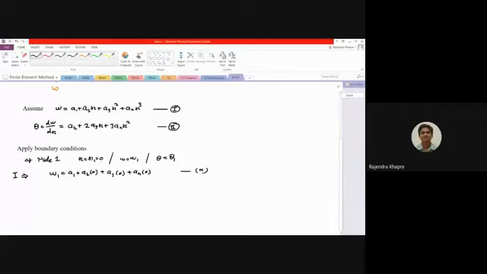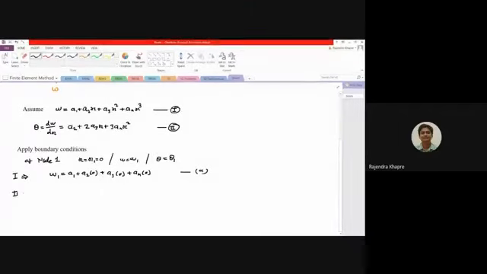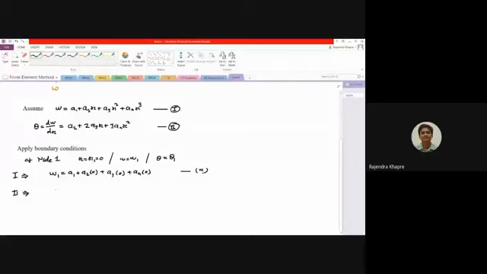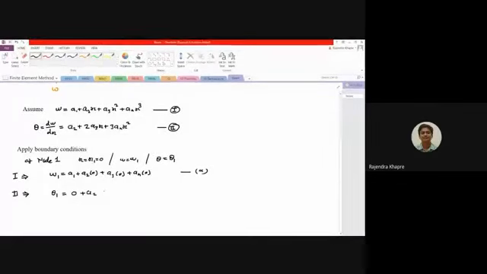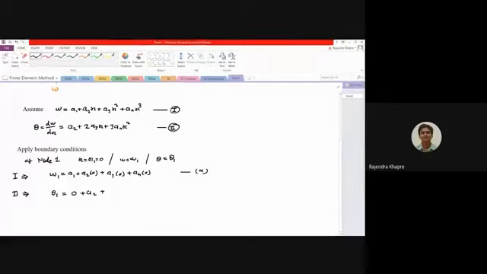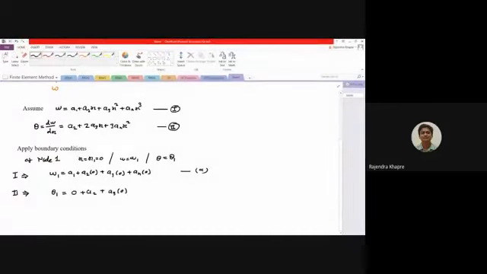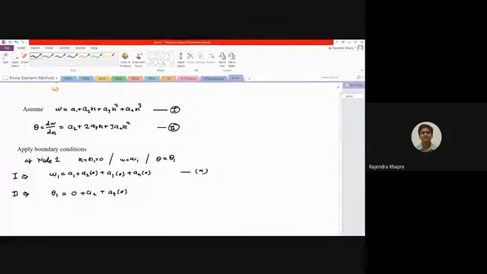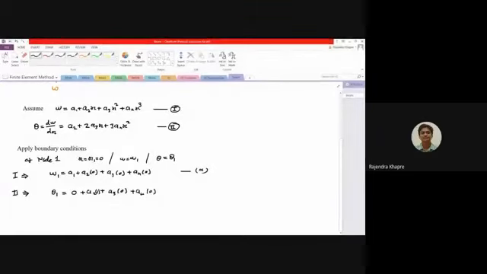So if you substitute these boundary conditions in expression number 2, it will become theta1 equals a1, which will be 0 because there is no a1 term, plus the a2 value as it is, plus a3 into 0, then here let me put 1, plus a4 into 0.